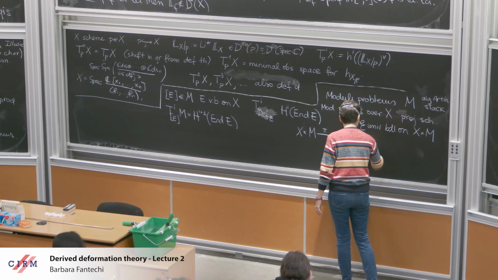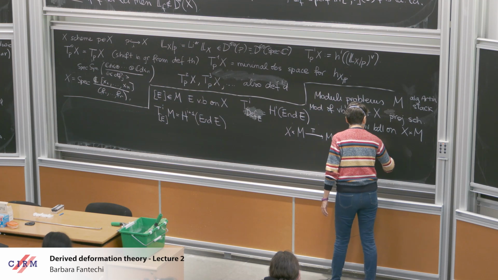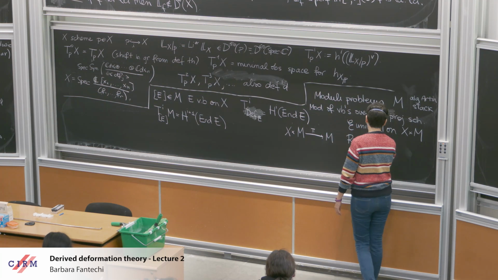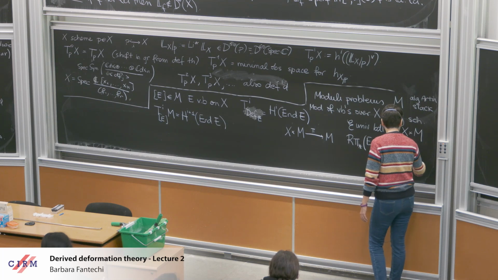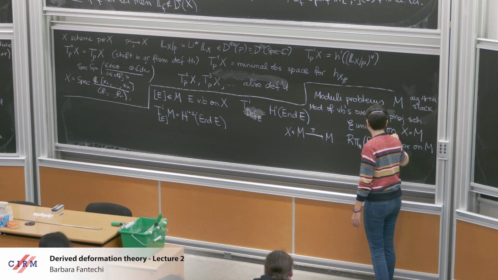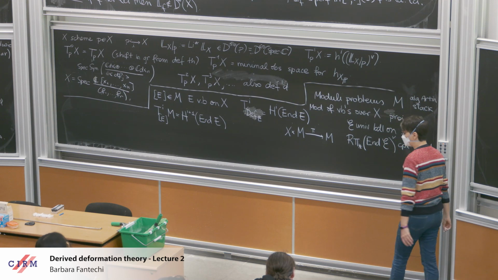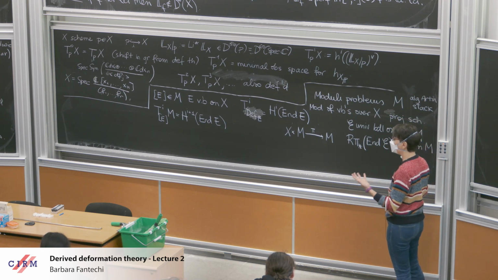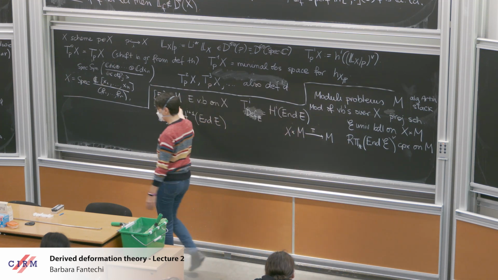So you can do R pi push forward of End E, and this is a complex on M, or if you want, you can take its dual, and this actually turns out to be something that behaves like a cotangent complex for us.